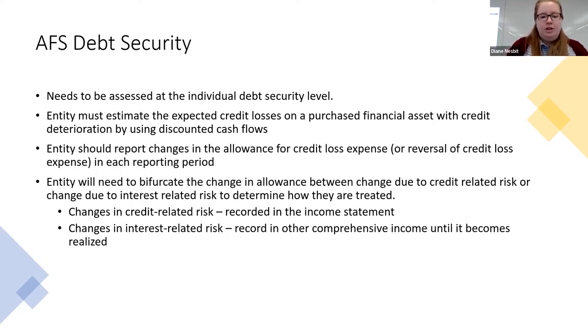If it's interest related risk, it continues to be recorded in other comprehensive income. So similar to CECL, the idea that we're no longer waiting for a loss to be incurred before recognizing anything comes over here as well. That's why you're evaluating it every reporting period, and some of that is likely running through the income statement.